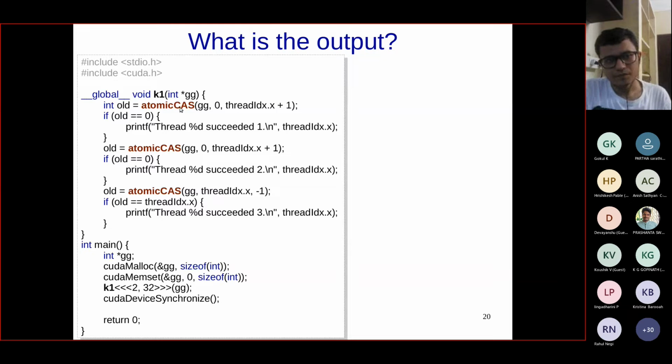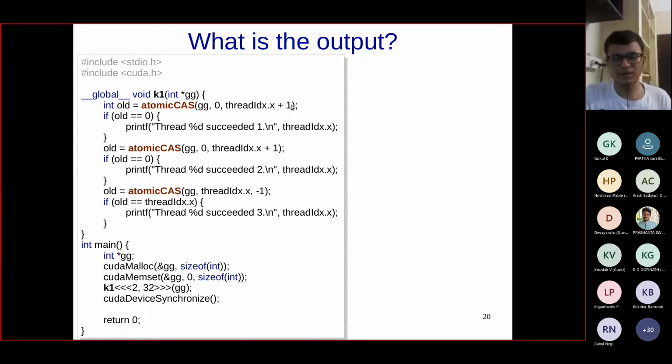Then what we are doing is we are using this atomicCAS, and we are checking if the value of GG is 0. So one of the threads will succeed here, right? Out of all the 64 threads, please note that this kernel is launched with 64 threads. So exactly one thread will succeed with this check of GG equals 0, and it will set the value of GG to threadIdx.x plus 1.